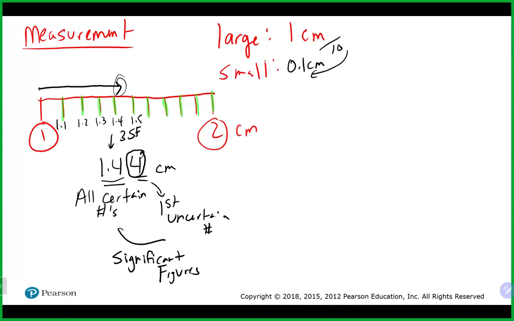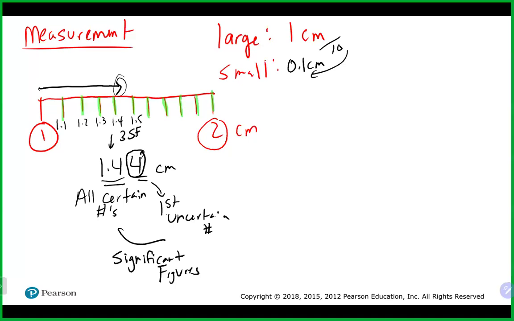We could also, as we talked about last time, typically go one more place to the right of the smallest marking. In this case, the smallest marking was 0.1, the first decimal place. We could actually take the reading one more place to the right of that. And in most cases, probably 9 times out of 10, you could do that simply.